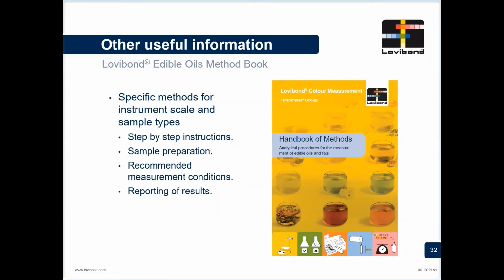So the Edible Oils Methods booklet summarizes that in easy language, gives you the recommended conditions, the sample preparation, how we should report results. So everything I've talked about here, in a way that we can easily understand.